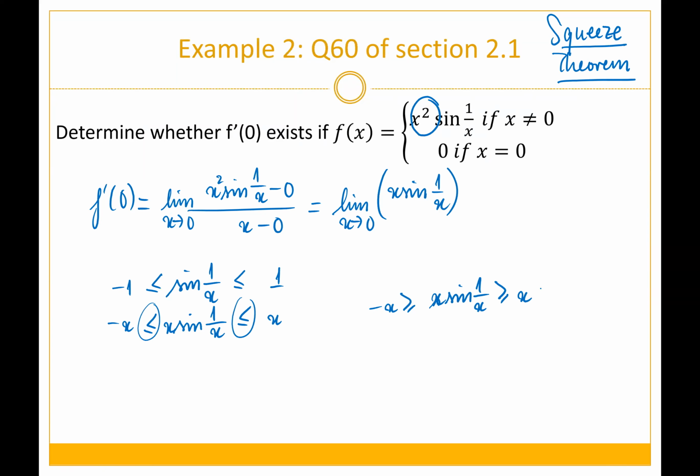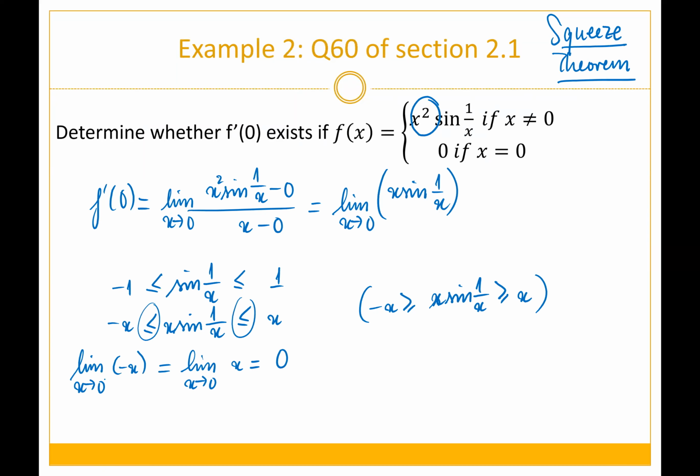And when you use the squeeze theorem, it gives you the same answer. So we have the limit as x approaches 0 of -x equal to the limit as x approaches 0 of x, and both of them are equal to 0 because x approaches 0.